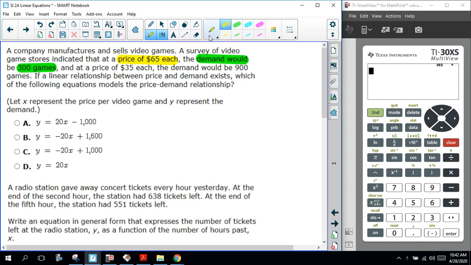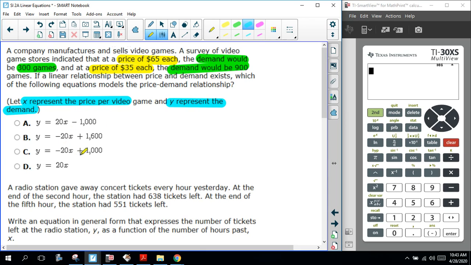And if the price is $35, the price of 35 would have a demand of 900 games. If a linear relationship between the two exists, which of the following equations models the price-demand relationship? It tells us here what the variables are going to be. X is going to represent the price per video game. Y is going to represent the demand.